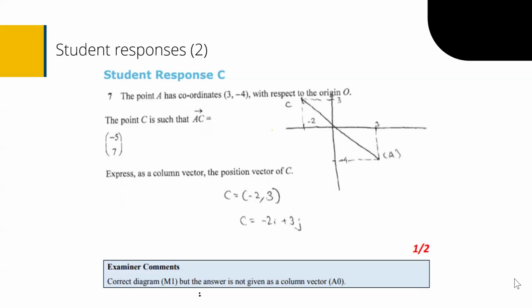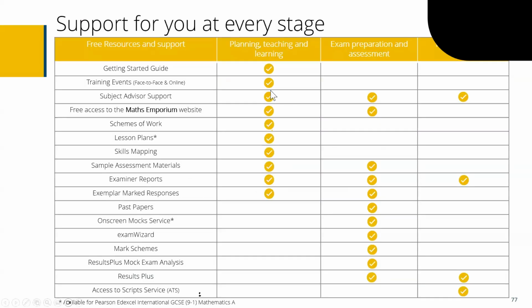The next slide here basically shows you how we split all our resources. It's in terms of planning, teaching and learning, exam preparation and assessment, and then results support as well. So you've got all the different resources split into that. And as we build them, we think about how to group them, because even our website is split into those sections as well.